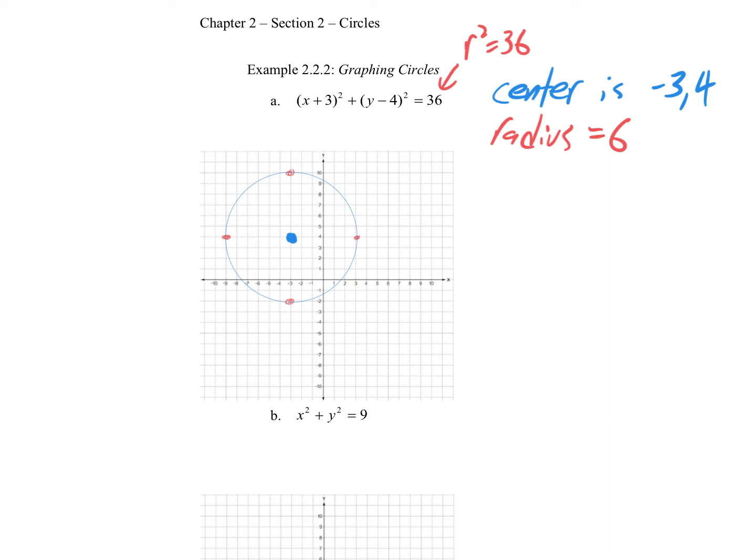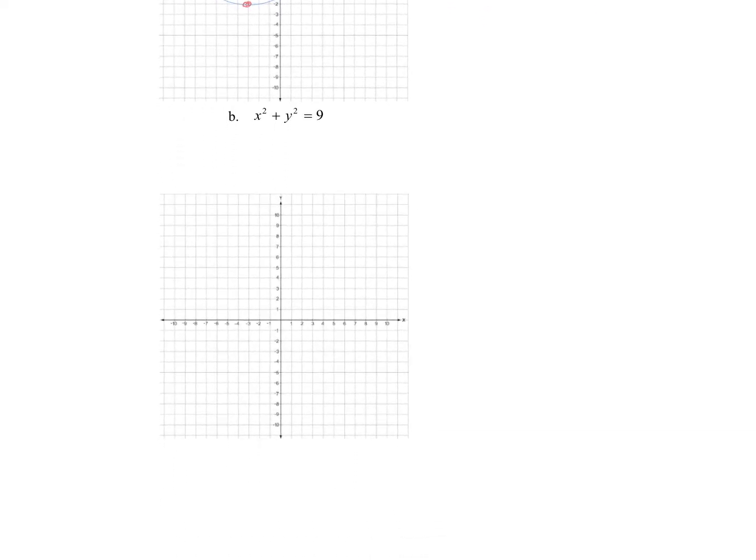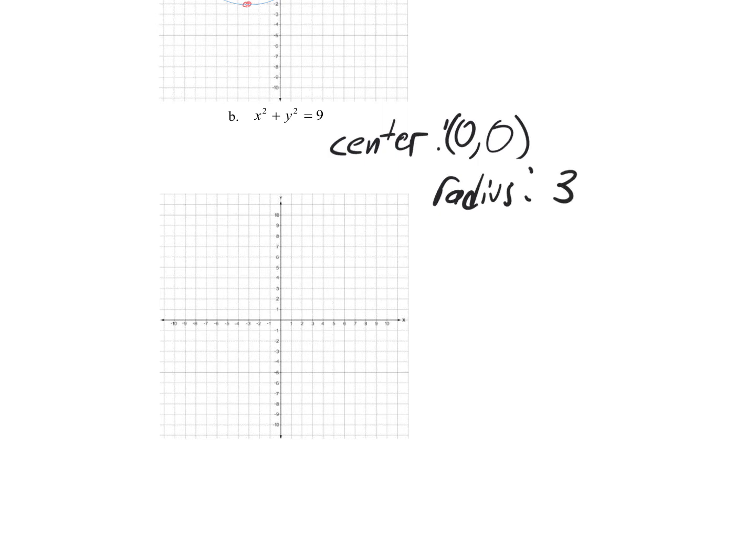Okay, so similar idea for example B, and this time the circle has a center at the origin, (0, 0). And my radius this time, hopefully you've already guessed it at this point, is going to be 3.